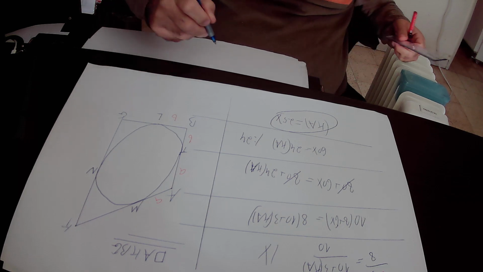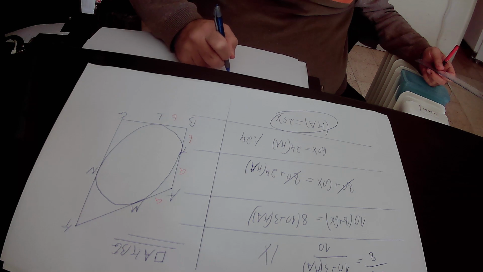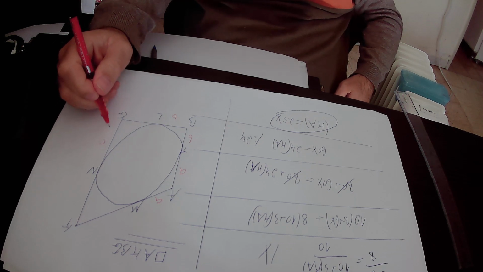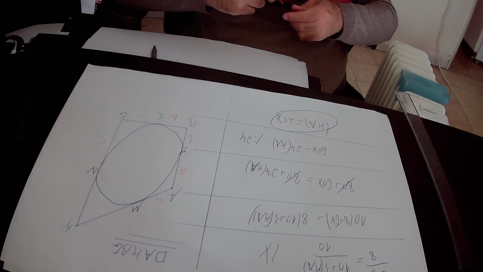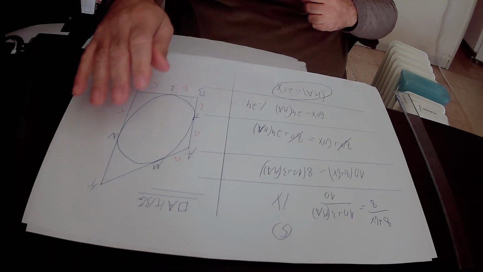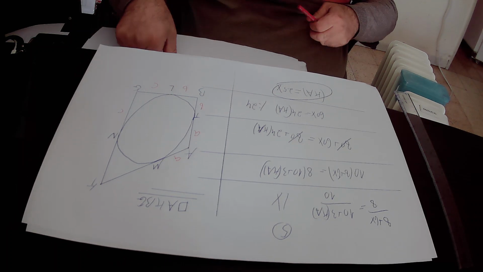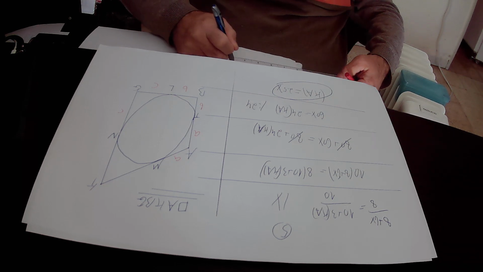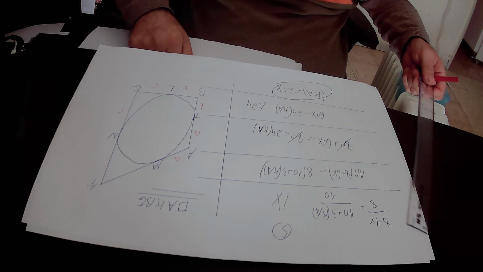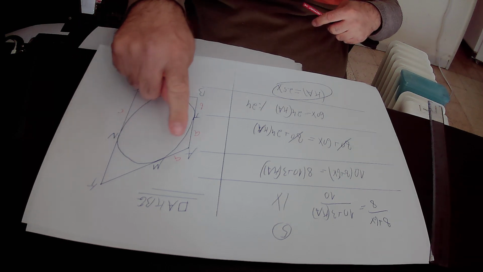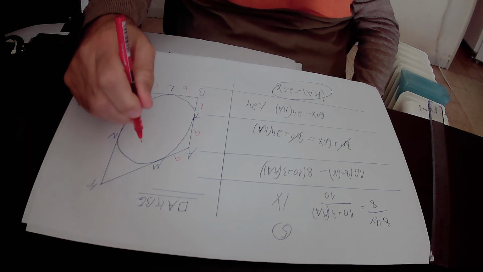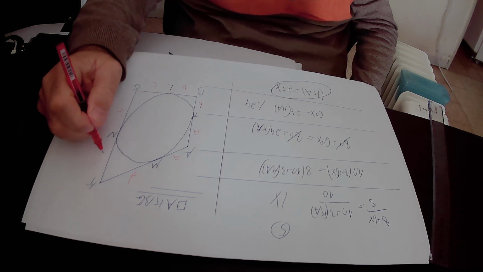So if GN is C, then GL is also C. And finally, we focus on the common external point, point K. From point K, we have two tangents to this circle. We have tangent KM and tangent KN. According to rule number 2, they are equal to each other. So if KM is D, then KN must also be equal to D.